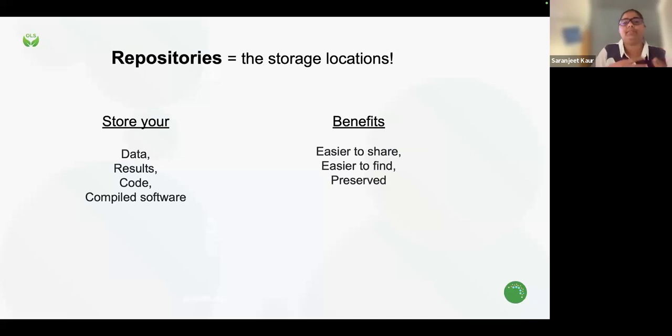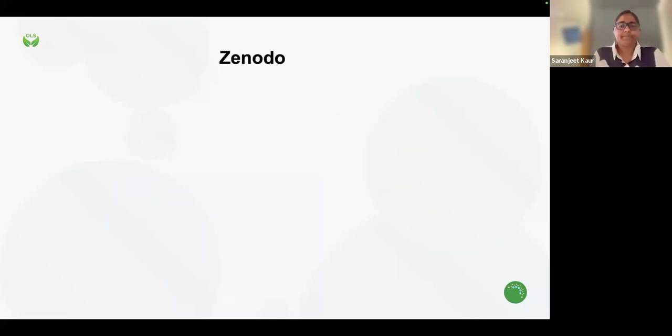Once it's segregated and much more organized, it becomes easier to share with your collaborators, with members of your research group, and that way it's also easier to find because you organized all this information really well.